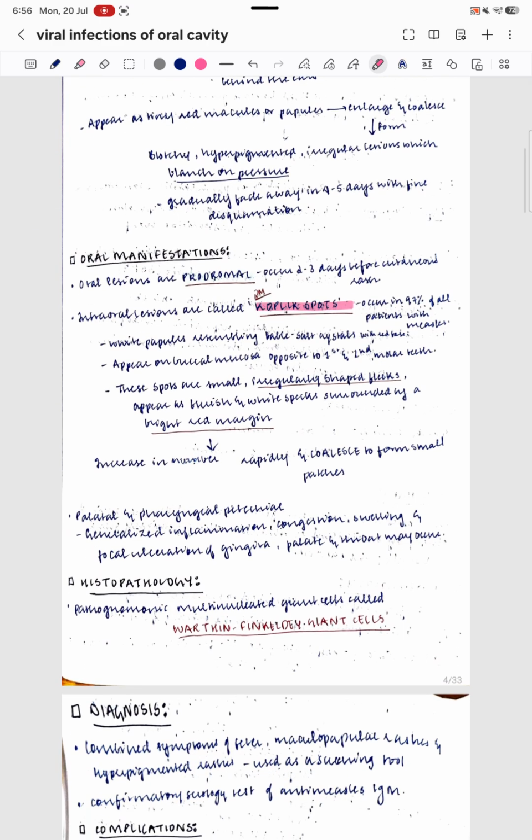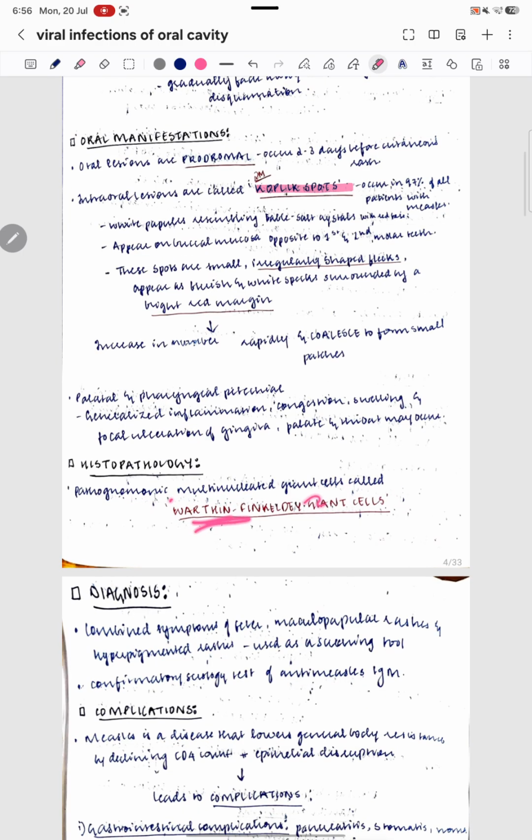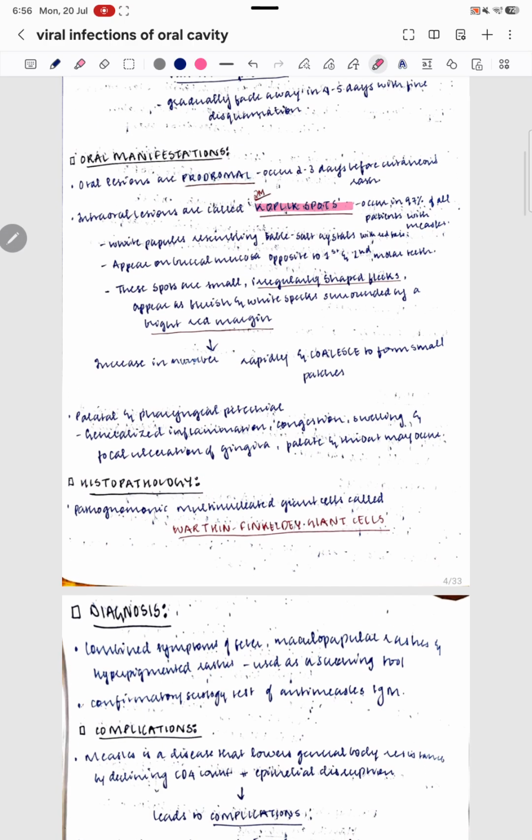Now moving forward with the histopathology. Histopathology shows the pathognomonic multinucleated giant cells which are called Warthin Finkeldey giant cells, or WF giant cells. These are seen mainly in the histopathology of measles.